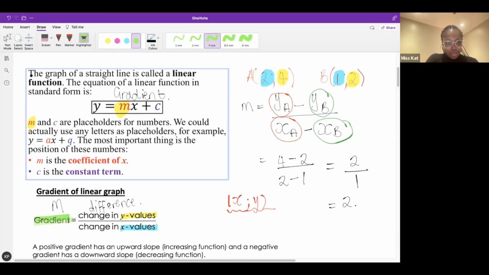The formula for a gradient is the change or the difference in y values. What does difference mean, Kwezi? The difference between the Y and the X, right? No, the difference between the 2 y's and the 2 x's. So remember, it says difference in the y values. Do you see that? Yes, ma'am.